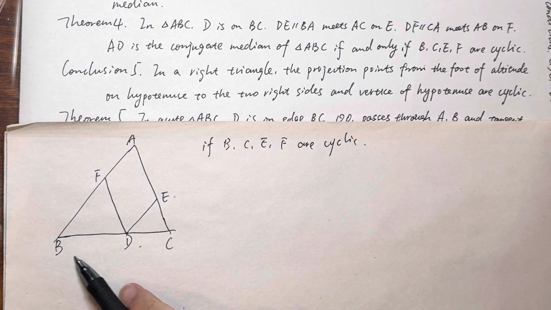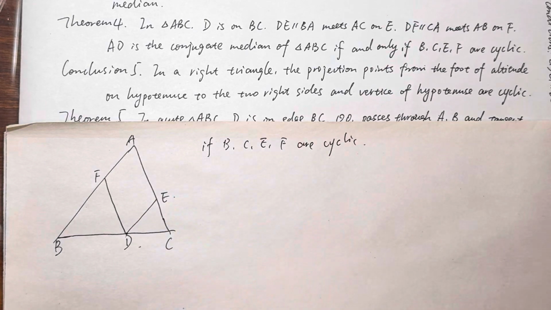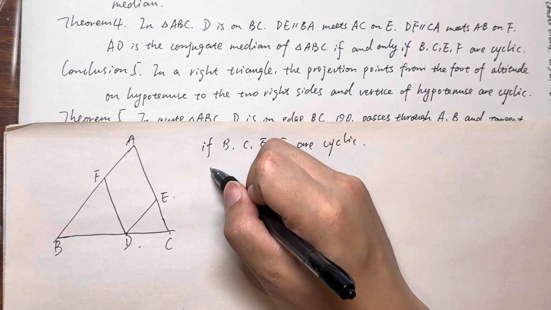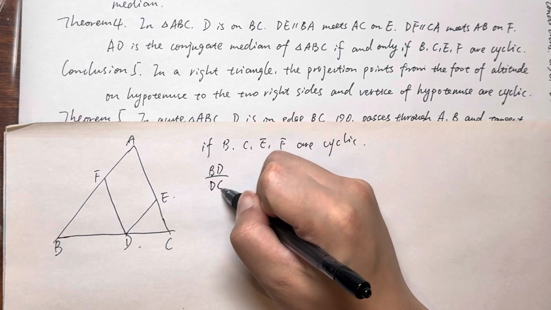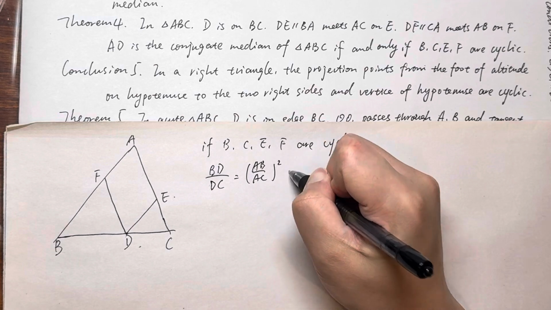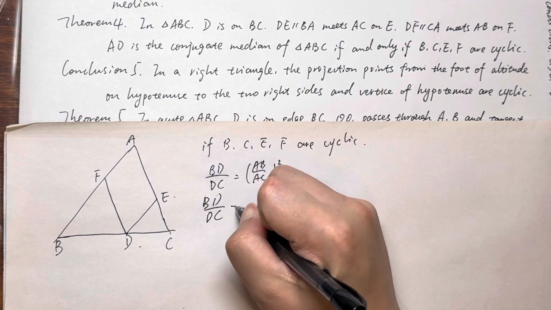right? If B, C, E, F are cyclic, and we want to prove that AD is a conjugate median, which means that we want to prove that BD to DC equals AB to AC squared, right? So what is BD to DC?